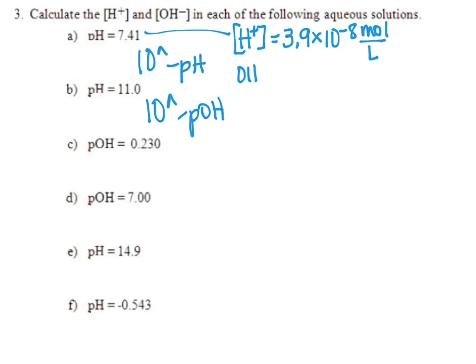So our OH concentration would be what then? So 2.6 times 10 to the negative 7. Good.